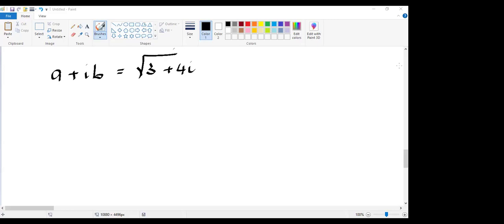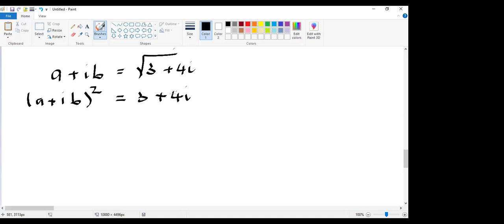Excuse me, teacher. Yes, please. I squared both sides, and after squaring, I had something like a plus ib all squared, and you have equated it to 3 plus 4i.